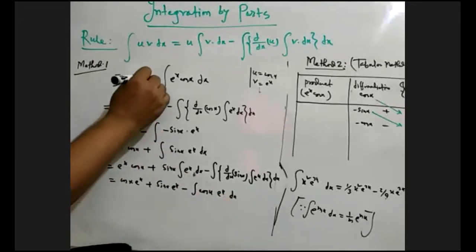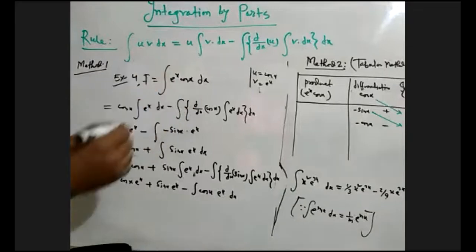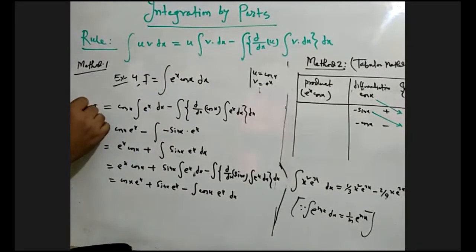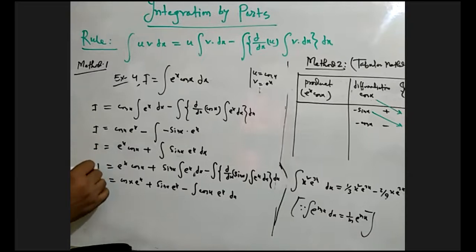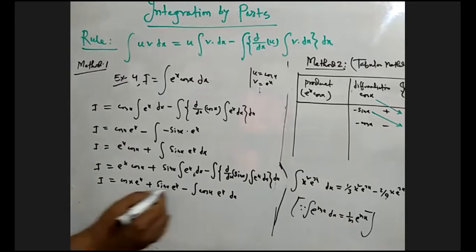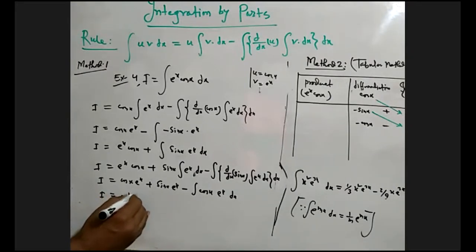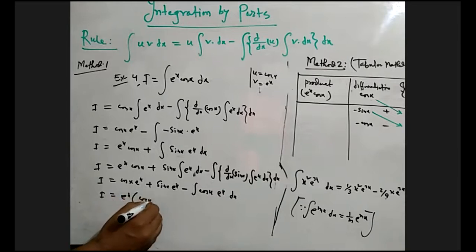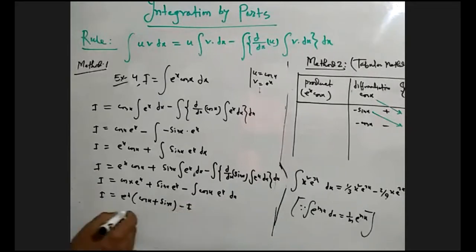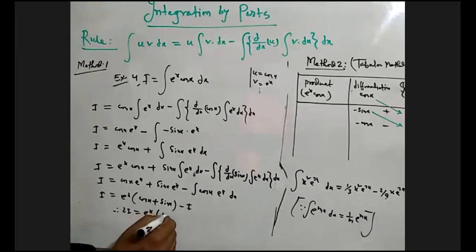Remember this, suppose I equals this integral. I equals e to the power x cos x plus sin x e to the power x minus the same integral, so this is also I. So I equals e to the power x, which will be common, cos x plus sin x, minus I. Therefore twice I equals e to the power x into cos x plus sin x.